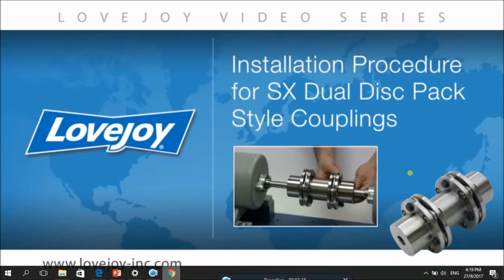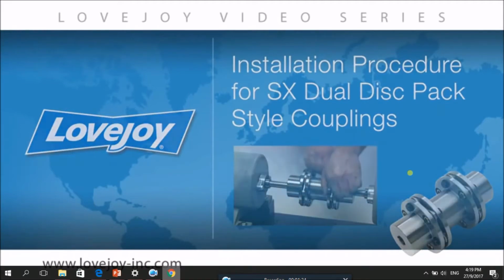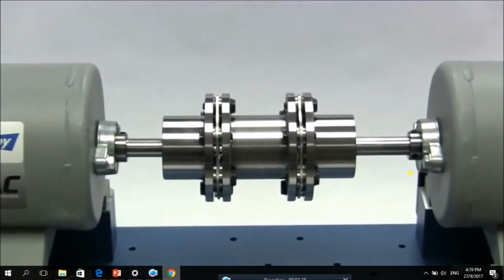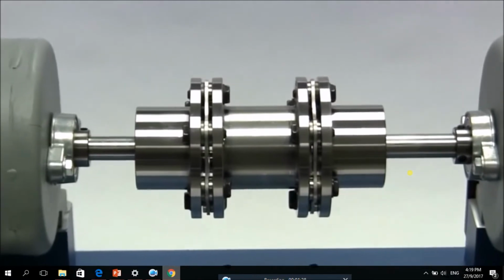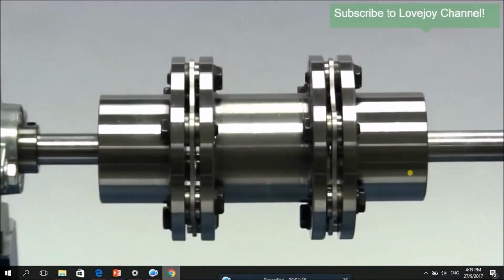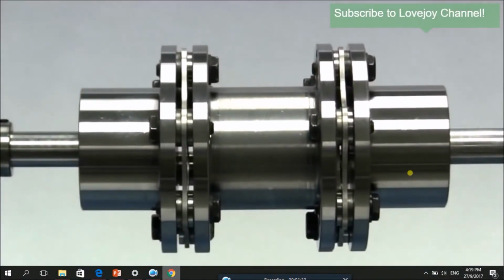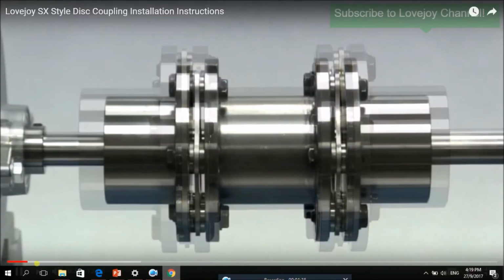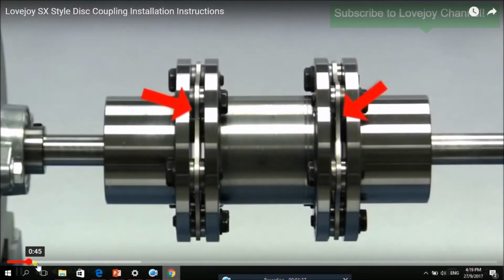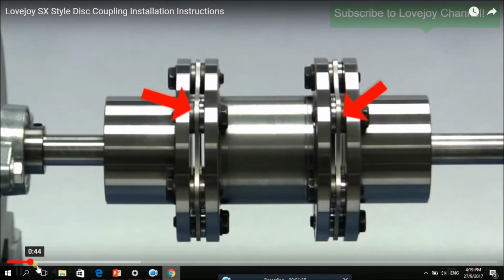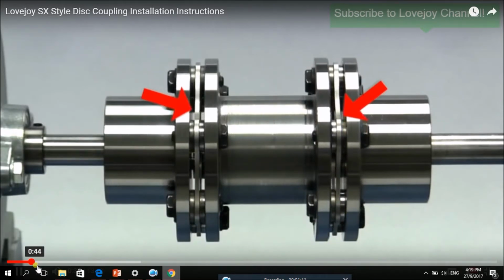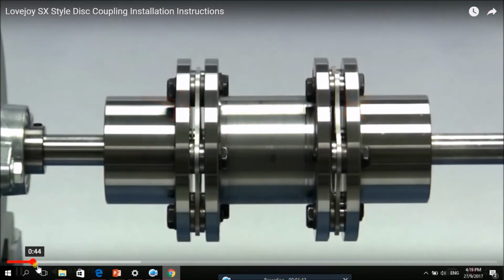Welcome to Lovejoy, where today we would like to demonstrate the proper basic procedures for installing the Lovejoy SX spacer style disc coupling. Lovejoy disc style couplings are ideal for connecting electric motors to fans, blowers, compressors, pumps, and other devices. The SX style coupling utilizes a dual disc pack and spacer design that can accommodate axial, angular, and parallel misalignment.